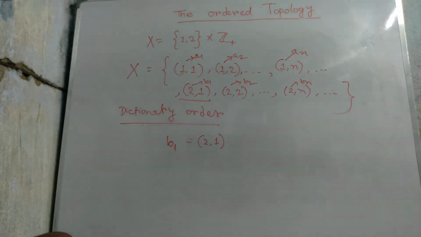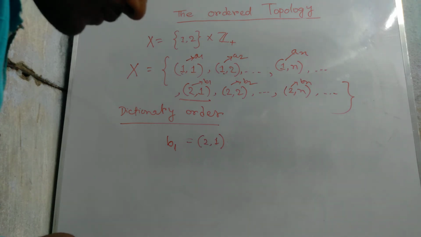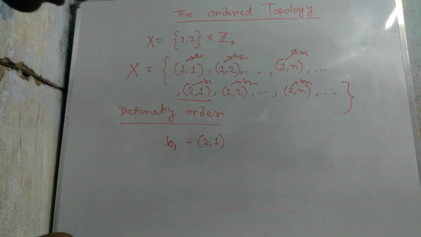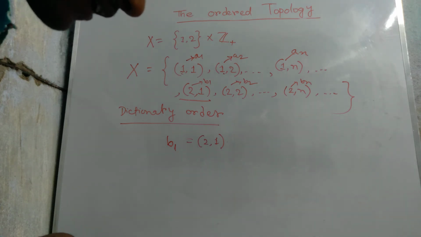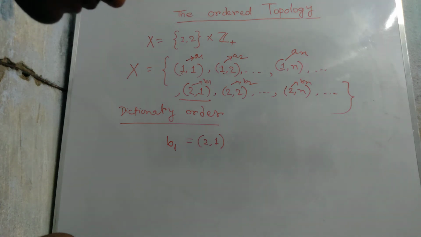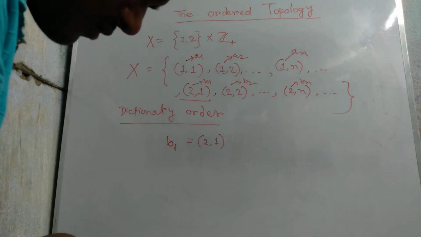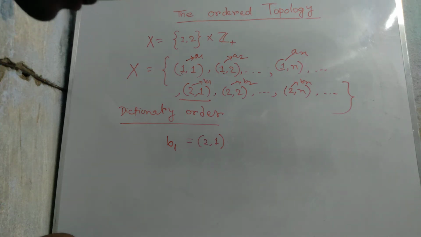Now we define the topology. That means on an ordered set with the smallest element, the order topology is defined here, and in this topology most one-point sets are open, but there is one exception, the one-point set B1.